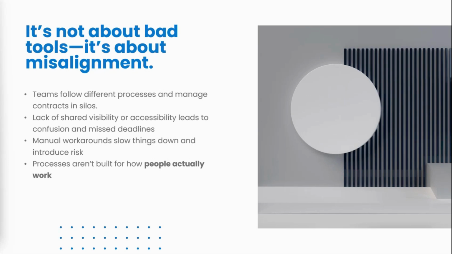This is also primarily due to the lack of shared visibility or accessibility, which leads to more confusion or missed deadlines when managing these contracts. And then, manual workarounds tend to slow things down and introduce risks. And processes aren't built for how people actually work.